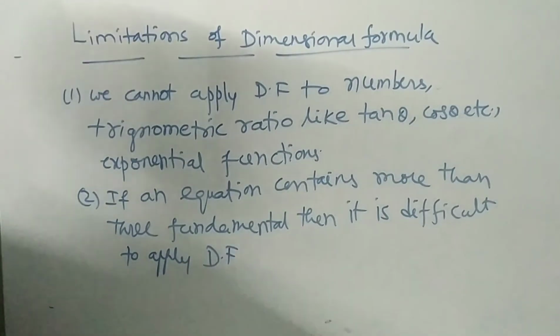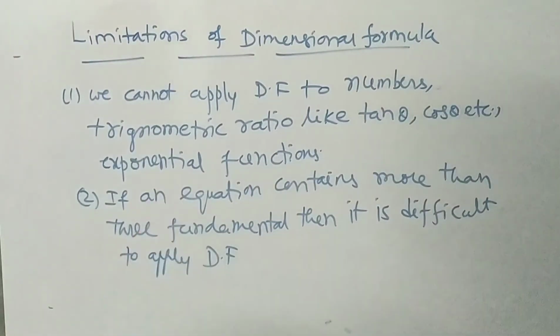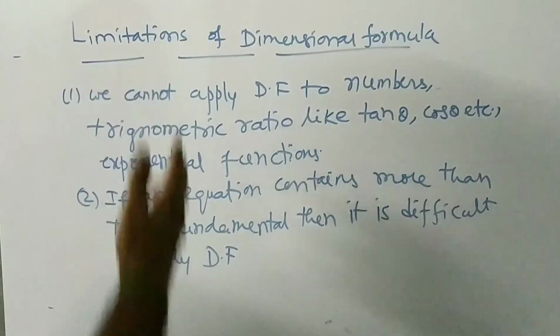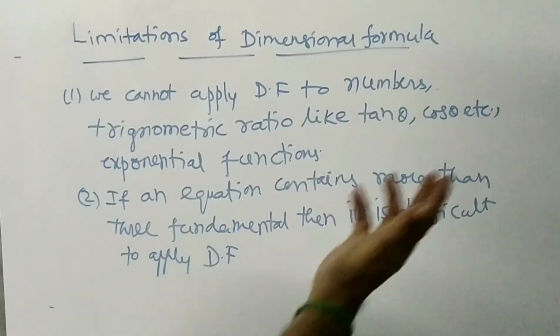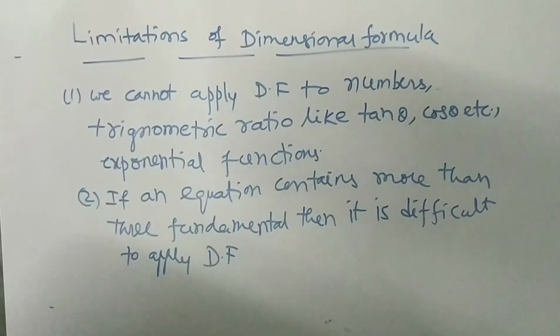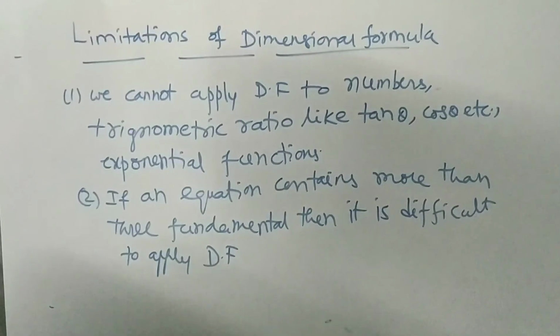So these are the limitations of the dimensional formula. You cannot apply dimensional formula to numbers, trigonometric ratios like tan theta, cos theta, etc., and also exponential functions. If an equation contains more than 3 fundamental quantities, it is difficult to apply dimensional formulas.